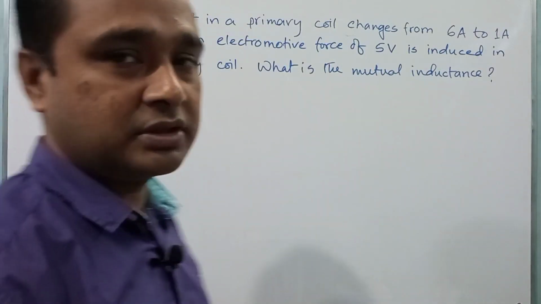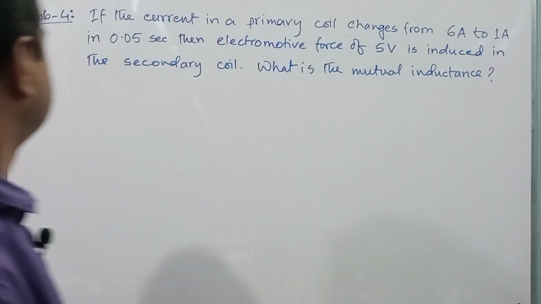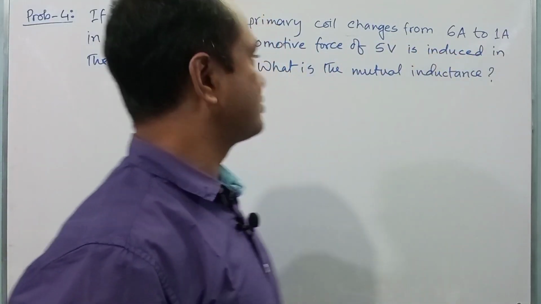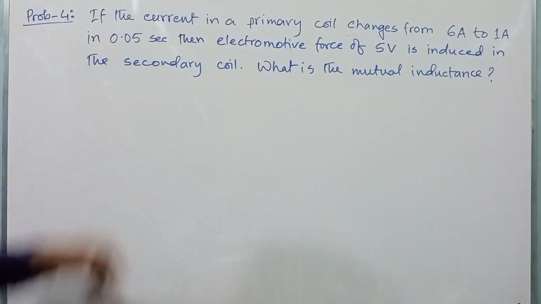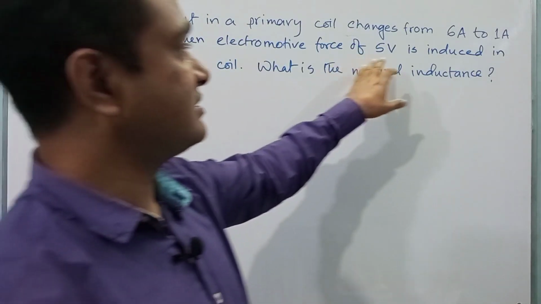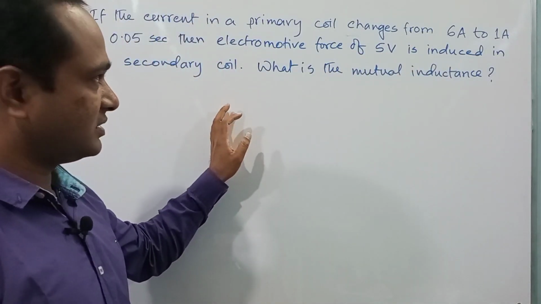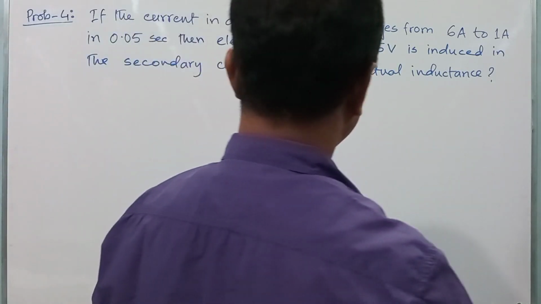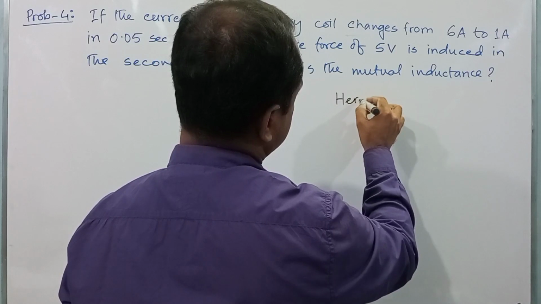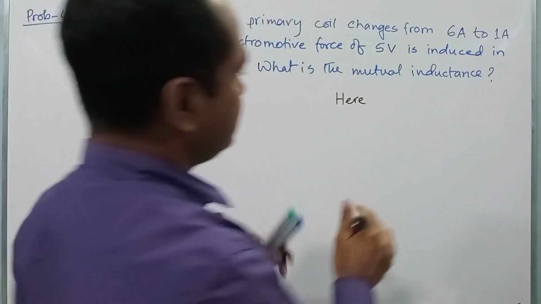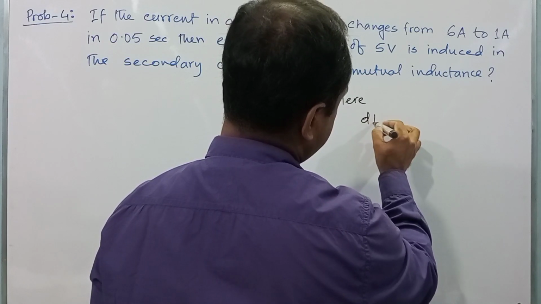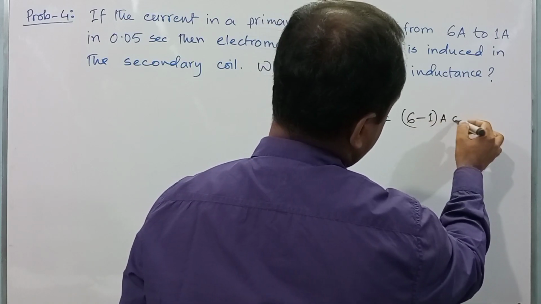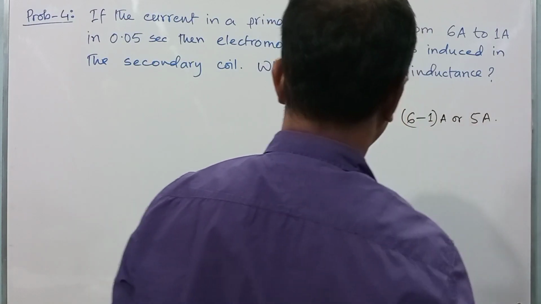Right, dear student, here is another mathematical problem. In the problem they said that if the current in a primary coil changes from 6 ampere to 1 ampere in 0.05 second, then an electromotive force of 5 volt is induced in the secondary coil. So what is the mutual inductance? Here the change in current, that is di, is equal to 6 minus 1 ampere, or 5 ampere.